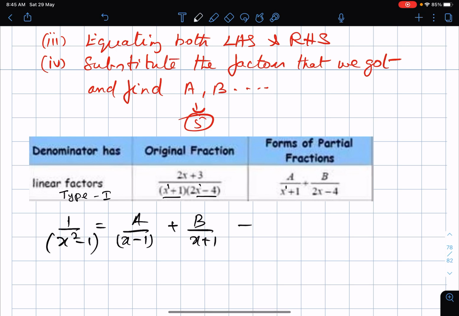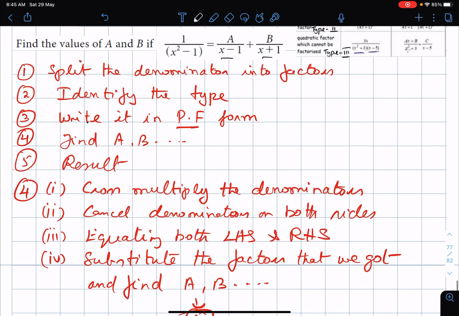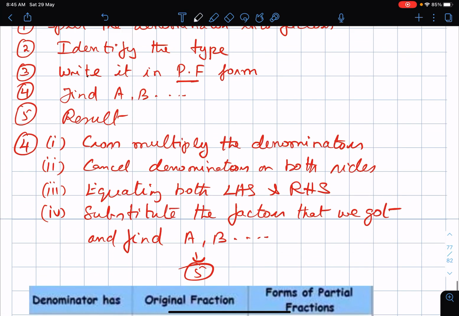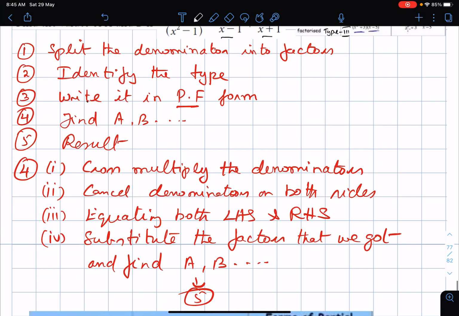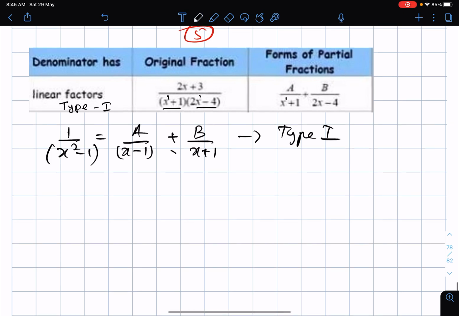So we have identified this is type 1. Already it is written, therefore we are going into our partial fraction form. Also they have written it. Second step is over, third step is over. Now we are going to find a and b. So we are going to cross multiply the denominators.